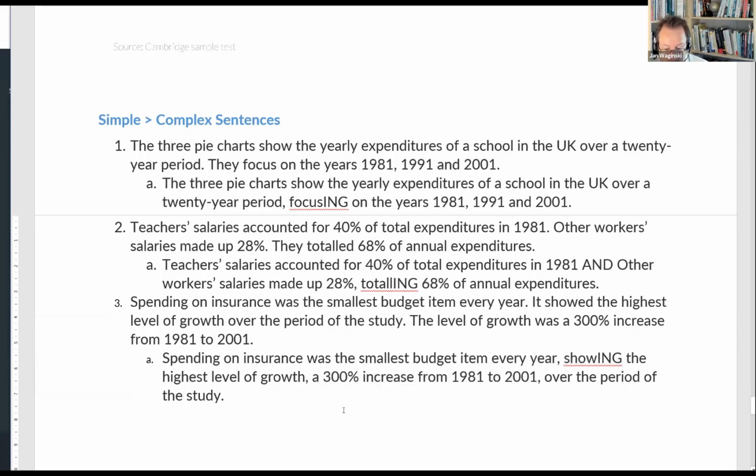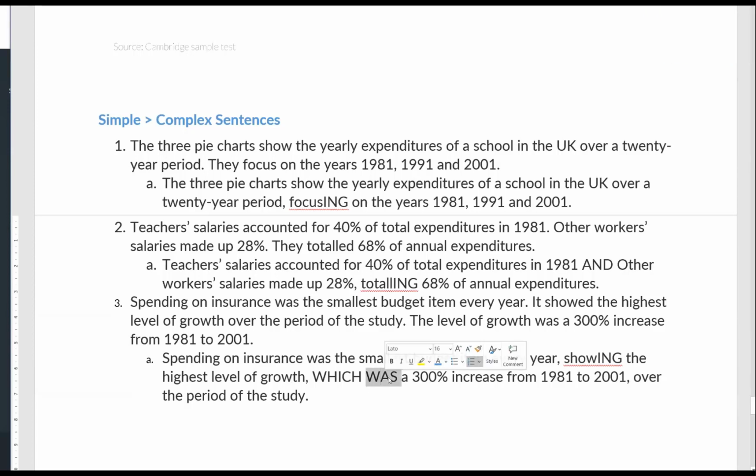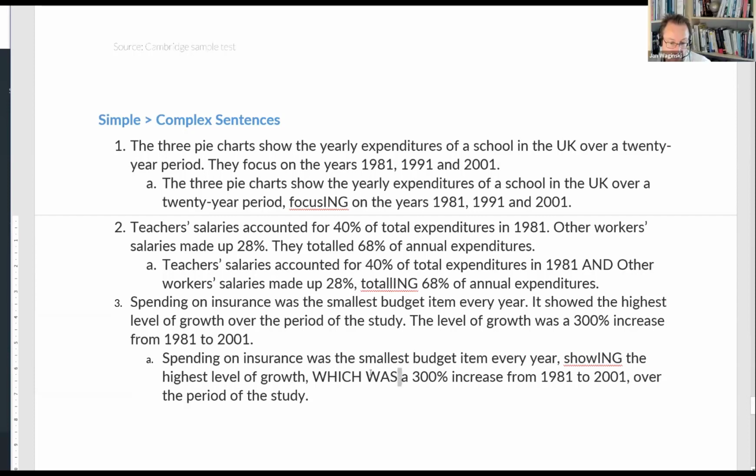You could do which was, but again, when you have this verb to be, it's very often an opportunity to use an appositive because these are the exact same thing. This is the highest level of growth. This and this are exactly the same thing. That's why the appositive works there.